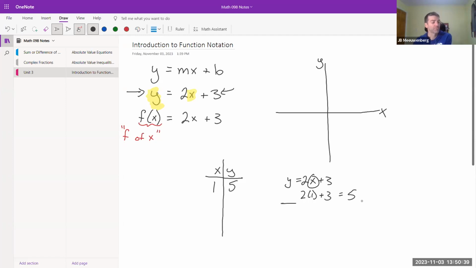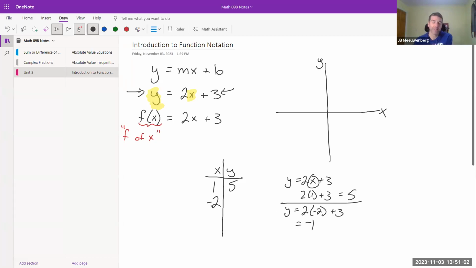Give me another number for x. Oh, I heard -2. Thank you. So let's say x is equal to -2. So y will be equal to 2 times -2 plus 3. 2 times -2 is -4, plus 3 is equal to -1.